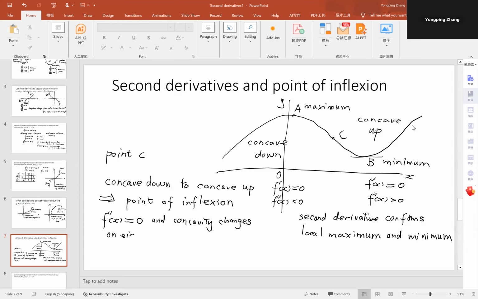Then there exists a point of inflection.